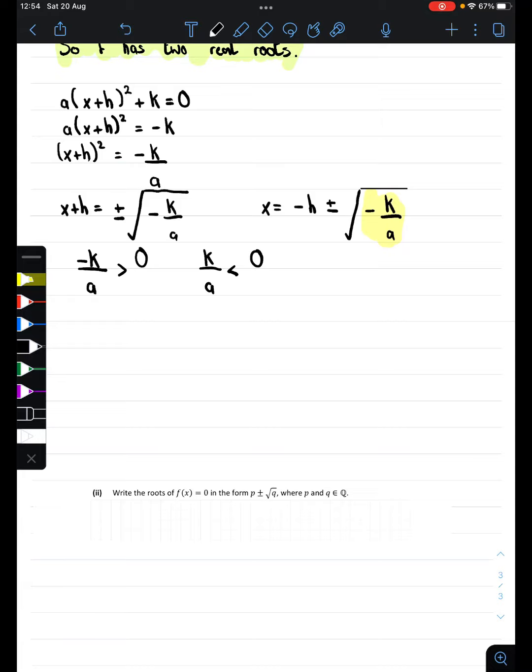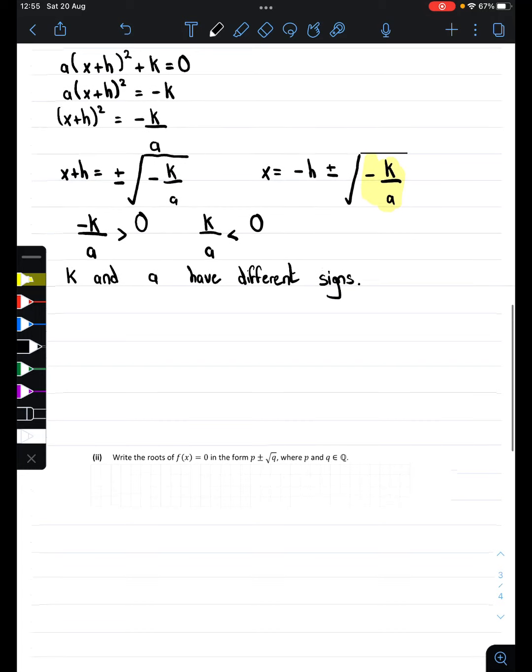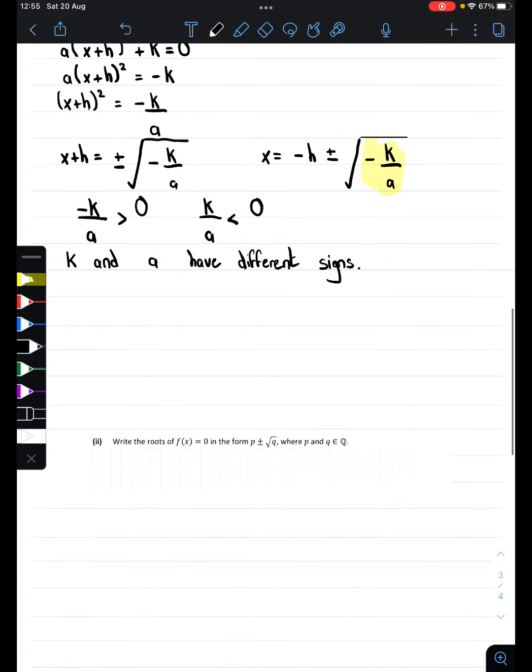If k over a is negative, then k and a have different signs. It's negative when they have different signs. Okay, and so this gives us two different real roots.